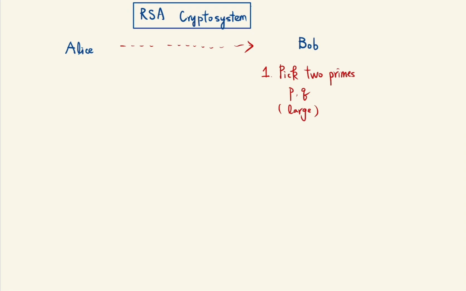Here, for example, we can pick P is 3, Q is 11.